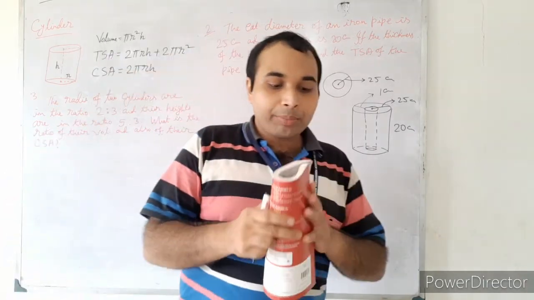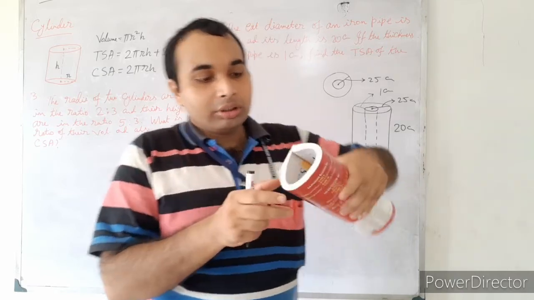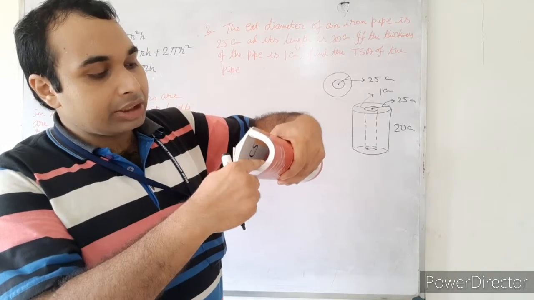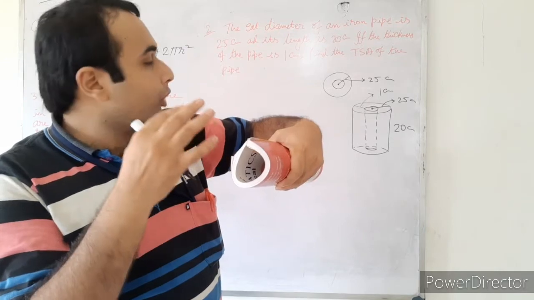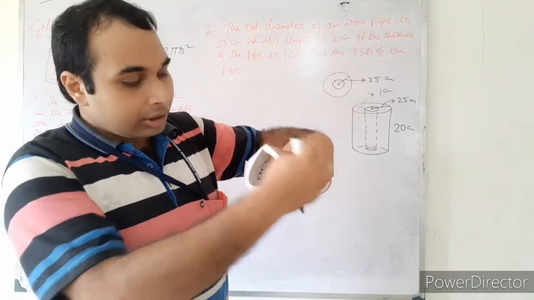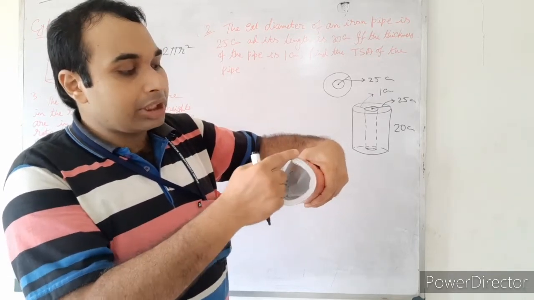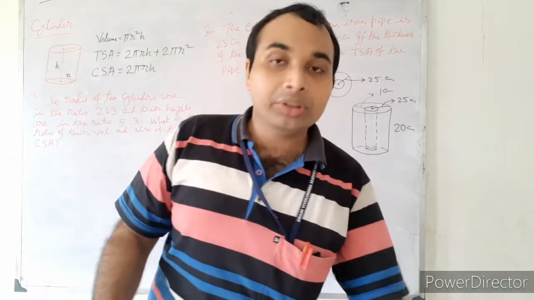So if this is the pipe, this is the top position. This is the inner part and this is the external part. So if you want to find the total surface area, you need the inner surface area, the outer surface area, and also the area of those two rings, here one circular ring and here one circular ring. So you have to find those properly.